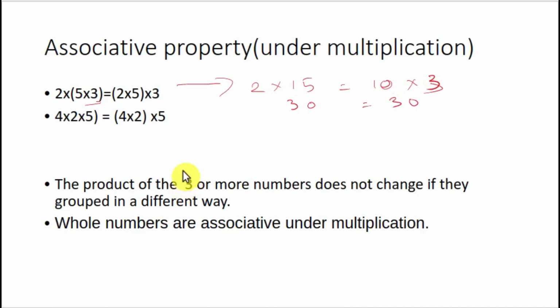So the product of 3 or more numbers does not change if they are grouped in a different way. 30, 30. Here I am grouping this 4 into 2 into 5. So 4 into 5 twos are 10. Here 4 twos are 8 into 5. So 4 tens are 40, 8 fives are 40. So the answer is the same. So the whole numbers are associative under multiplication.